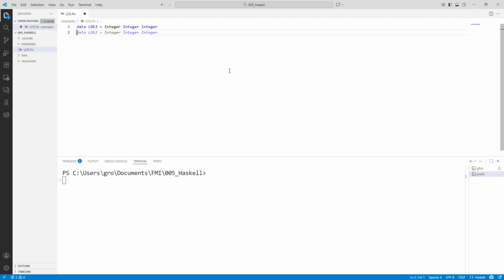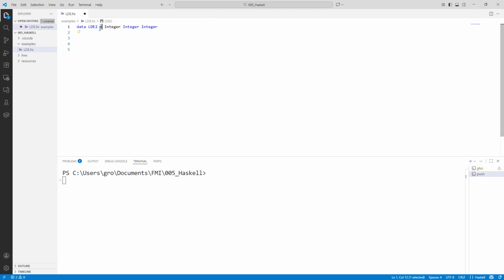Okay, so data is a keyword. We are actually saying here, I'm going to make a new type. The first LDE2 is the name of our new type. You can think of it as Bool or String, but in our case it's called LDE2 because it stands for Linear Diophantine Equation with two variables.